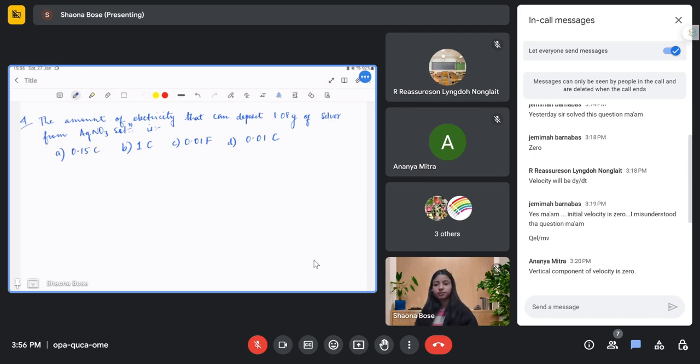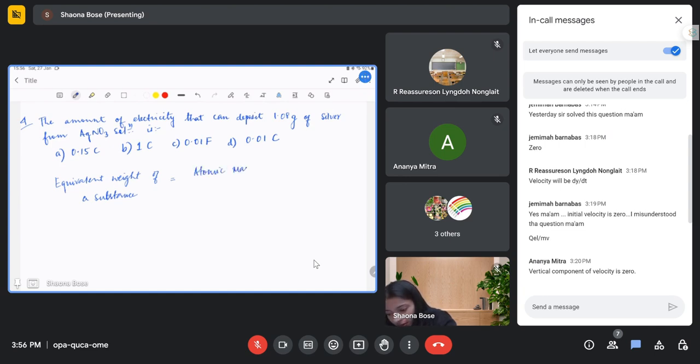Okay, let me write it down for you. You see, the equivalent weight of a substance is equal to the ratio of the atomic mass of the element and the number of electrons required for reduction of the cation.